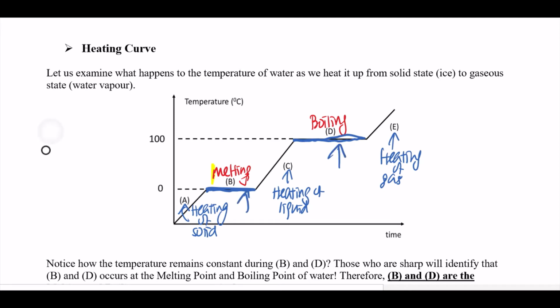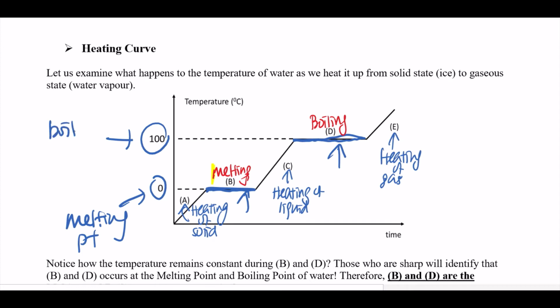And if you're sharp enough, you realize that the temperatures 0 degrees and 100 degrees Celsius correspond to the melting point and boiling point of water. I hope you realize that. This is the melting point, and this is the boiling point.